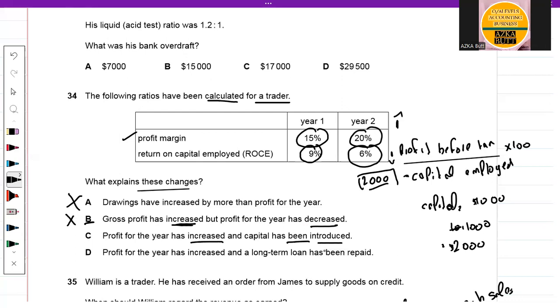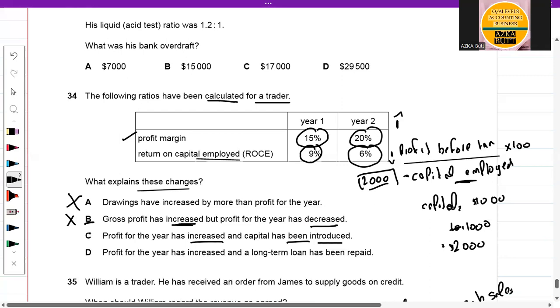Because more capital has been introduced, and that's why your denominator is big now. Previously it was $1,000, but now this is $2,000. So when your denominator is increasing, whether your profit is increasing or not, you will still get a very low percentage for your return on capital employed.